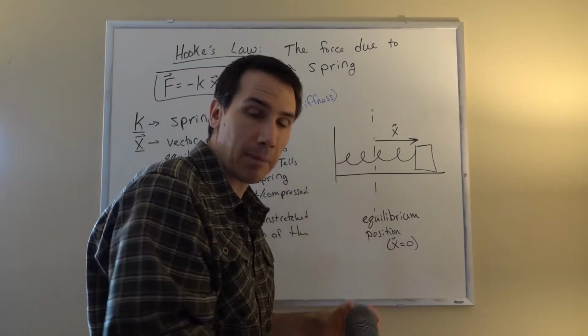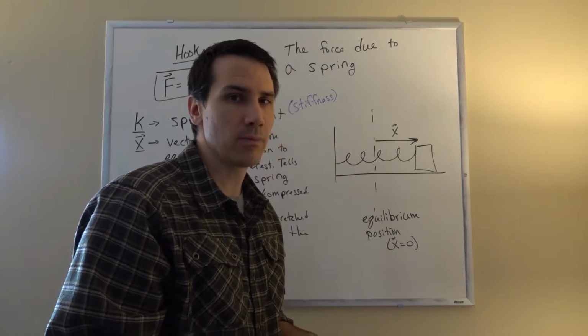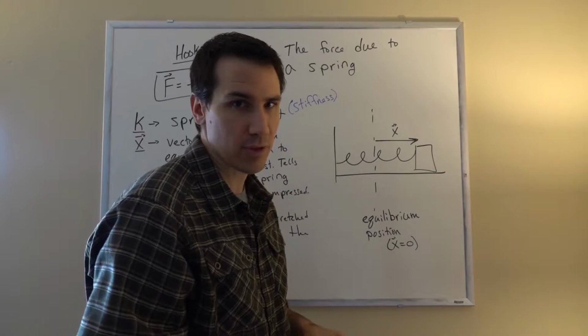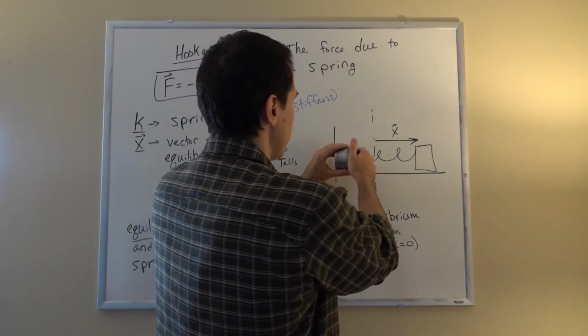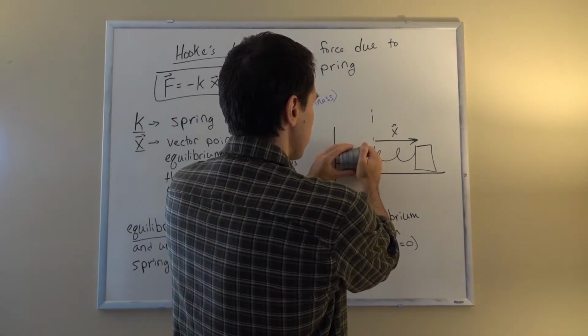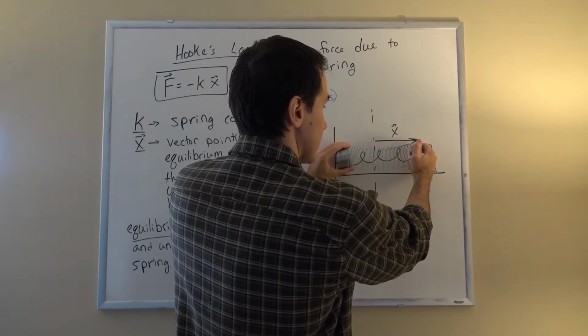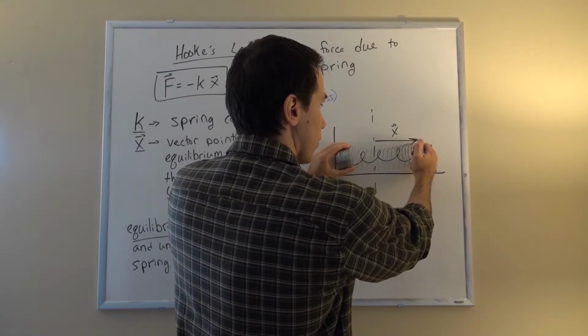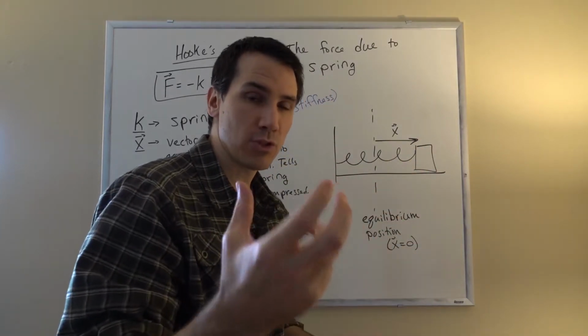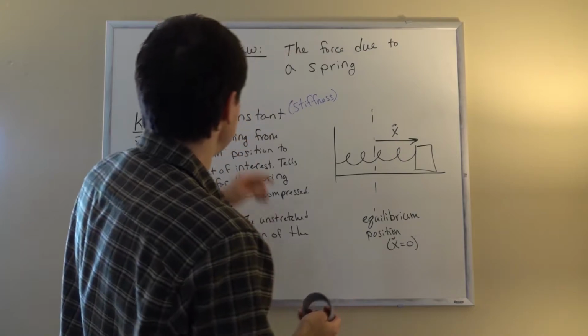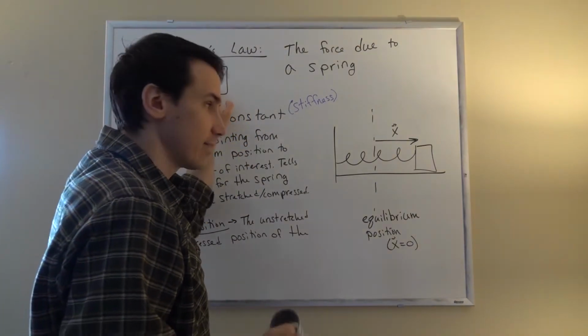The spring definitely applies a force to the wall, but we're not worrying about what happens to the wall. It's just going to stay there. So here's my equilibrium position. My spring is completely unstretched, and then I stretch it by some distance, x, right? So how far my spring has been stretched is given by this x vector.